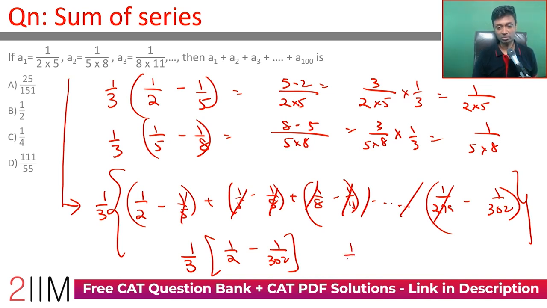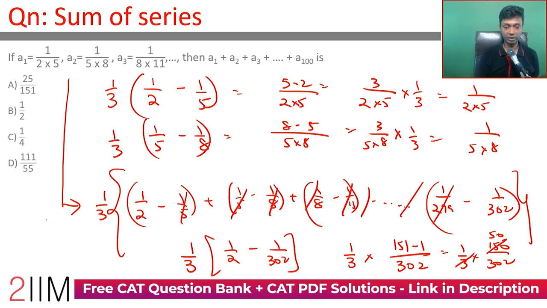So this is 1 by 3 times 151 minus 1 by 302. This is 1 by 3 times 150 by 302. This is 50 by 302 or 25 by 151.